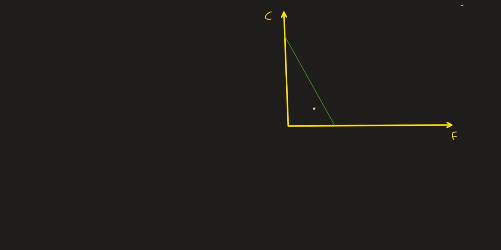At this budget line, this is the intercept of C, which we have discussed previously is I over PC. And this intercept is income, I over PF rather, because this is the intercept term of food, and this is the origin, which is 0.